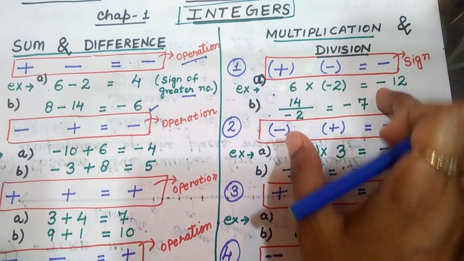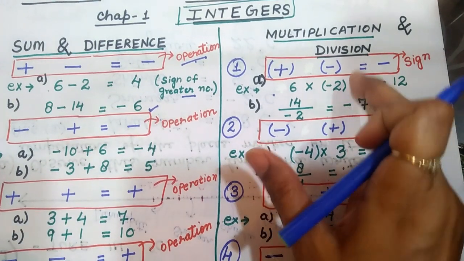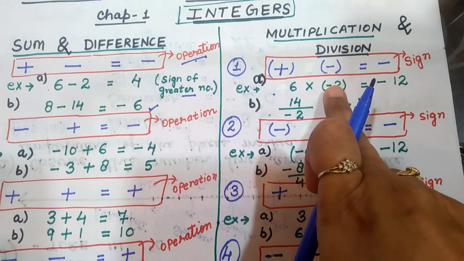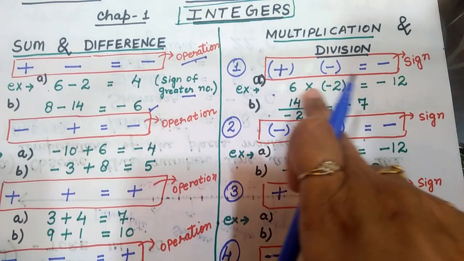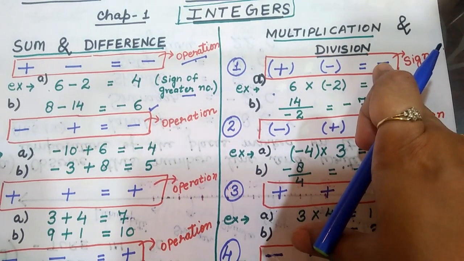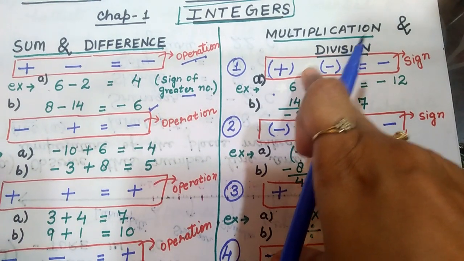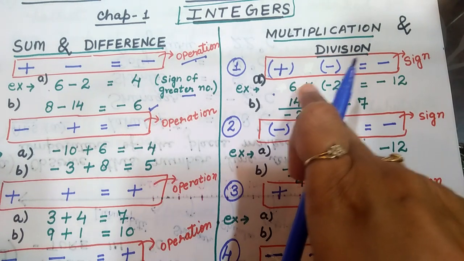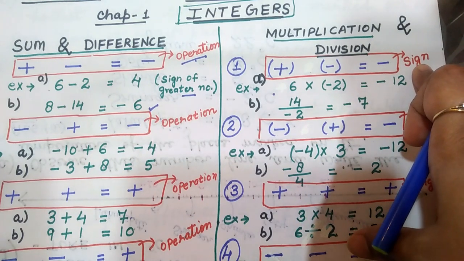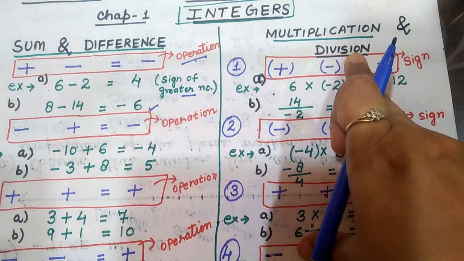When we multiply or divide two integers, the operation will be multiplication or division. We will not follow the rule to subtract. Here in multiplication and division, the rule says that in the result we will put a negative sign, but the operation will be multiplication or division.